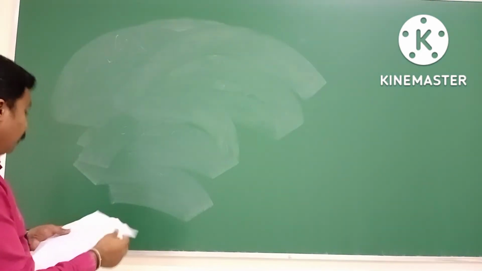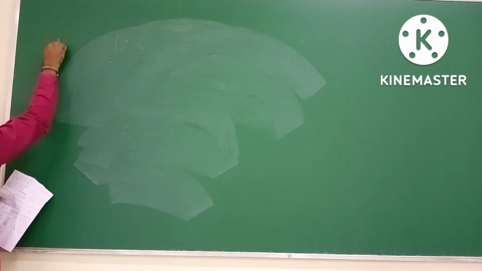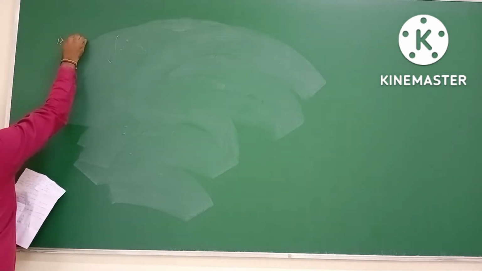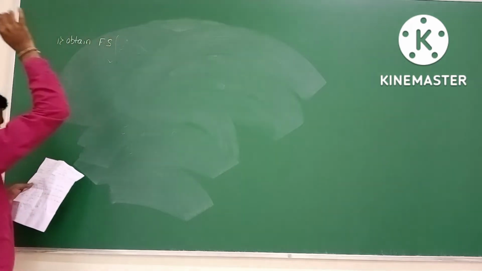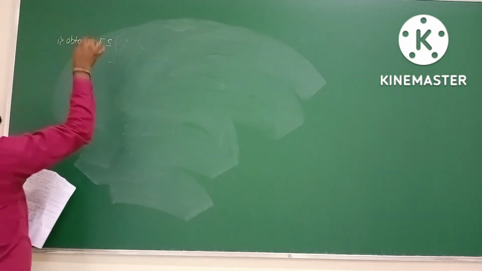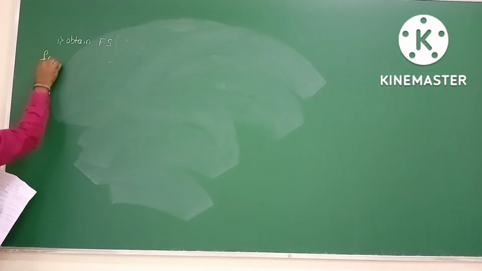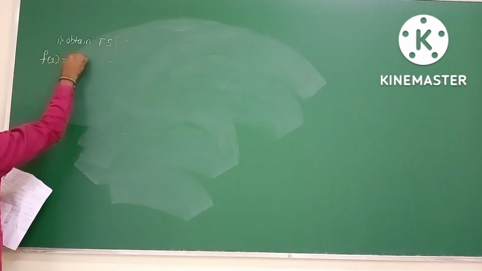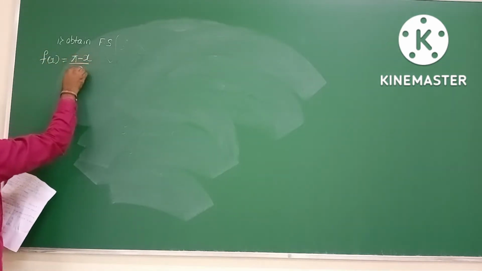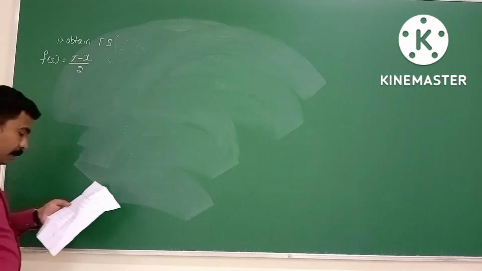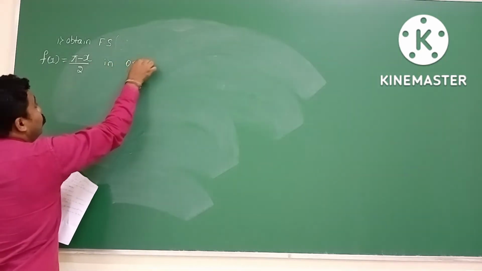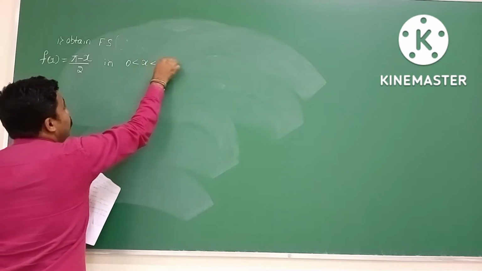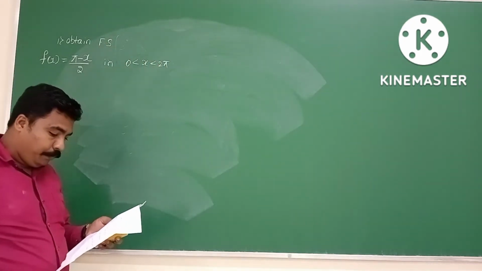Let's take one problem. Obtain the Fourier series expansion for the function f of x equal to (pi minus x) by 2 in the interval 0 to 2 pi.